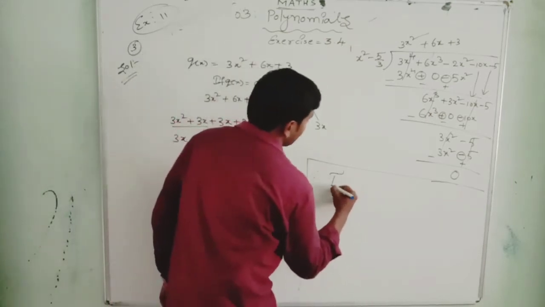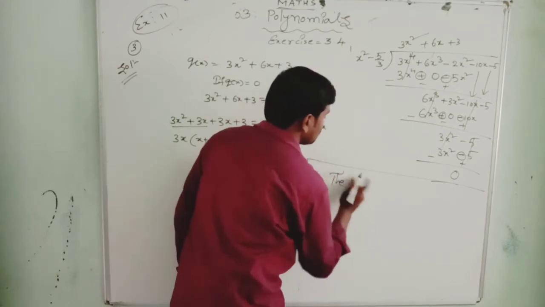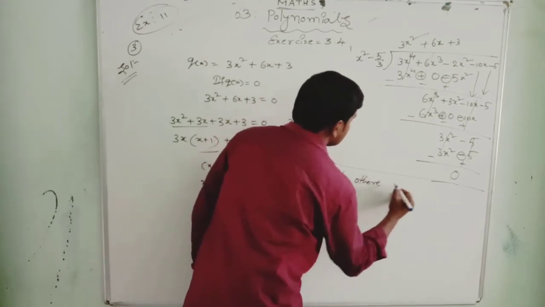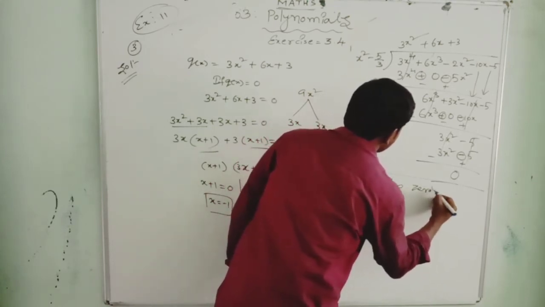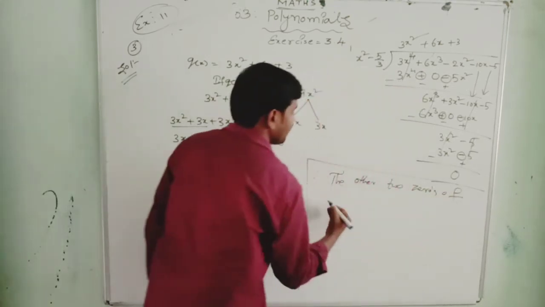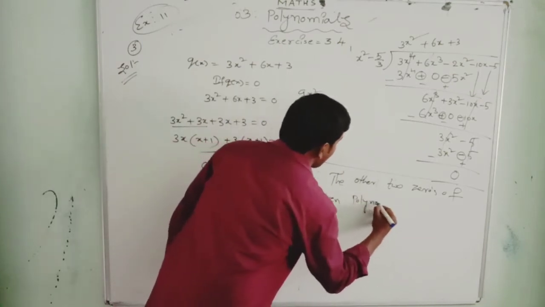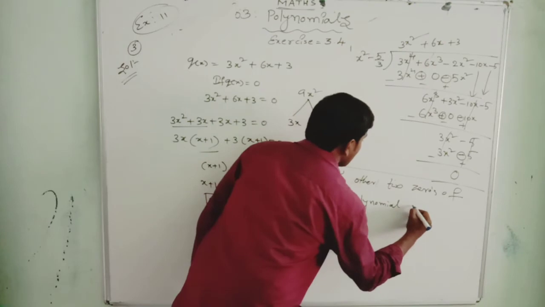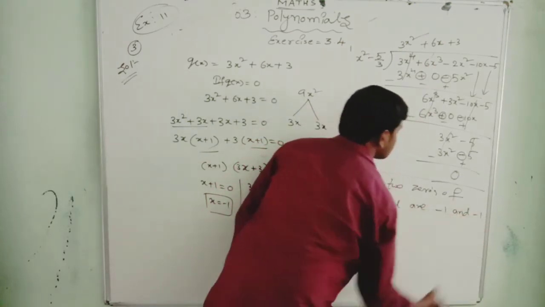Therefore the other two zeros of the given polynomial are minus 1 and minus 1.